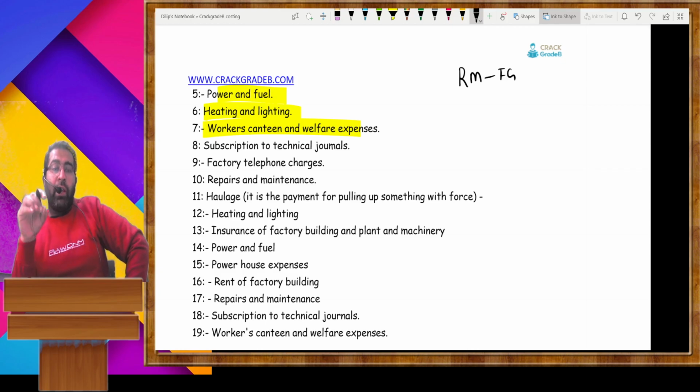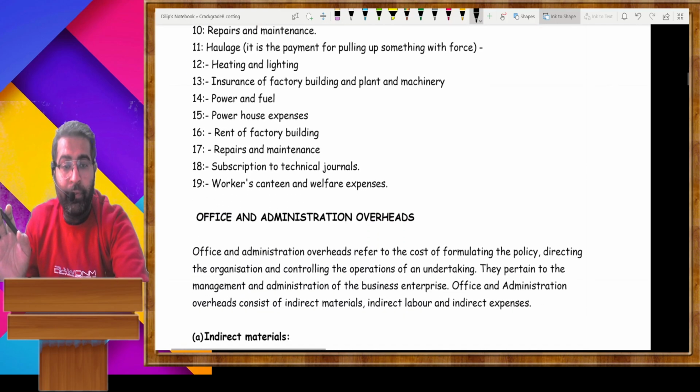Rent of factory, power, heating, lighting, factory telephone charges, repairs of machinery, powerhouse expenses, workers related expenses, these all are related with the factory. So these are included in the factory overhead.